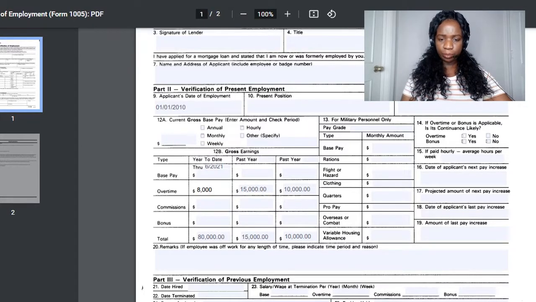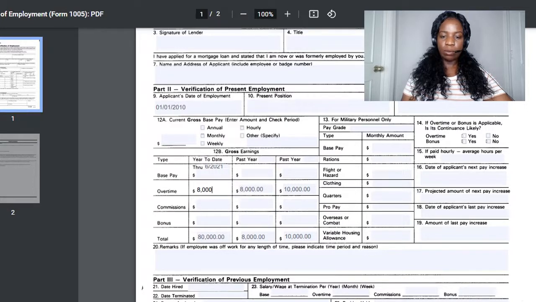Okay, so let's say the trend went down. For 2019, the borrower made $10,000. In 2020, the borrower made a total of $8,000 in commission income, but then the year to date is $8,000.